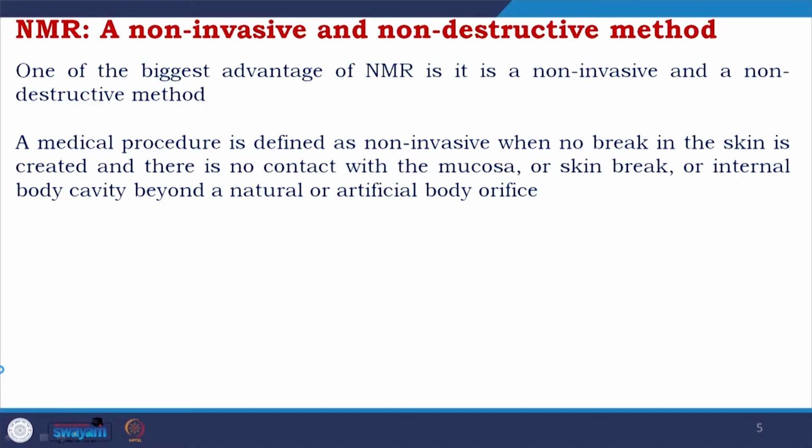In terms of medical science, non-invasive is a medical procedure where no break in the skin is created and there is no contact with the mucosa or skin break or internal body cavity beyond a natural or artificial body orifice. In one word, when a technique is applied to a body part and even no minor injury happens, that is called non-invasive.